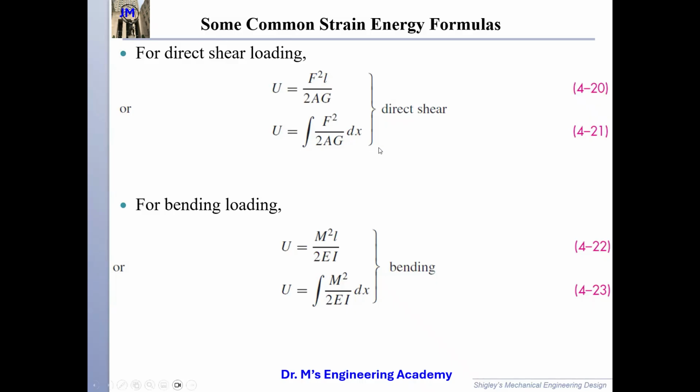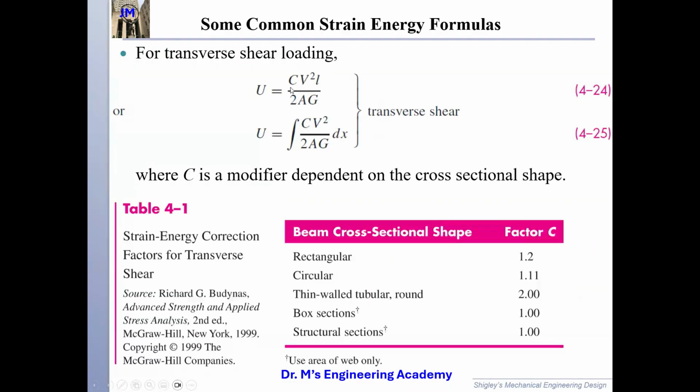Direct shear means that for this structure, I have a force that shears it. That is the direct shear. Usually we don't call it normal shear, we call it direct shear.